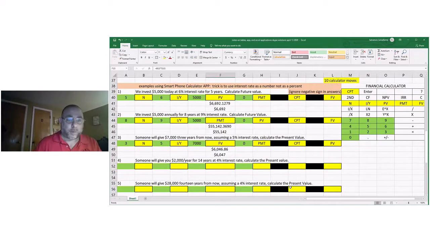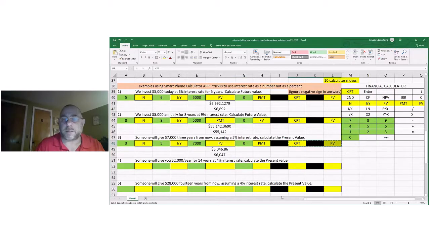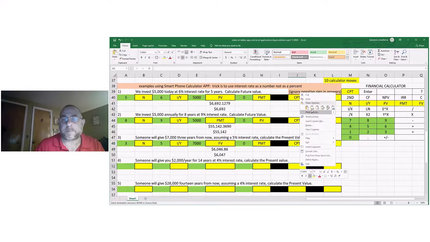Okay, let's try the fourth one. Someone will give you $2,000 a year for 14 years at 4% interest rate. Calculate present value. So I know my last 2 buttons I'm pressing are going to be compute PV.